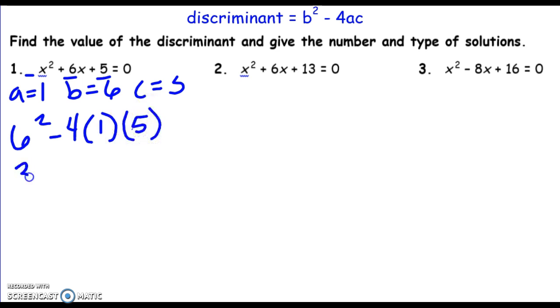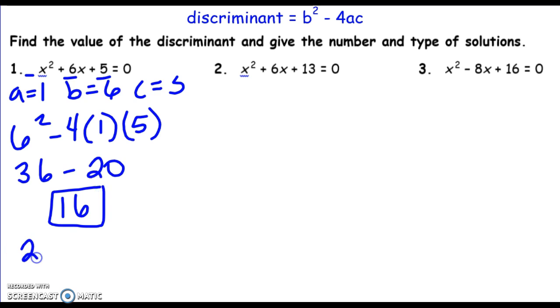So 6 squared is 36 minus 20. So my discriminant here is 36 minus 20, which is 16. Since it is positive, it will have two solutions. It does not tell me what those solutions are, but I do know that there are two solutions and there are two places that it crosses.